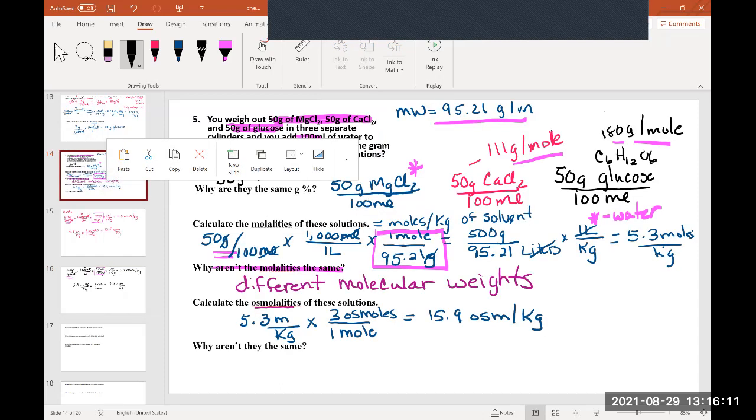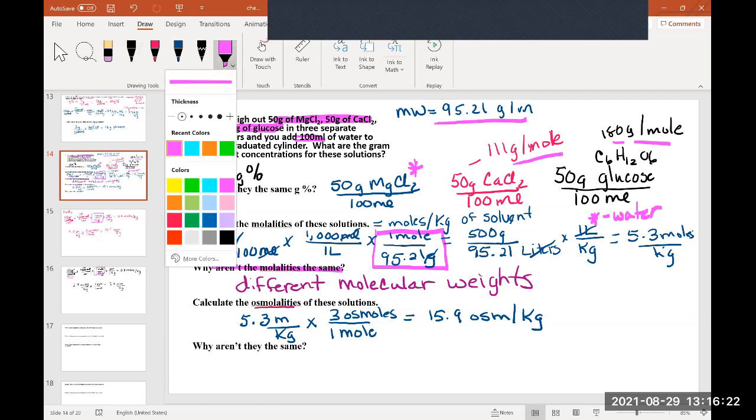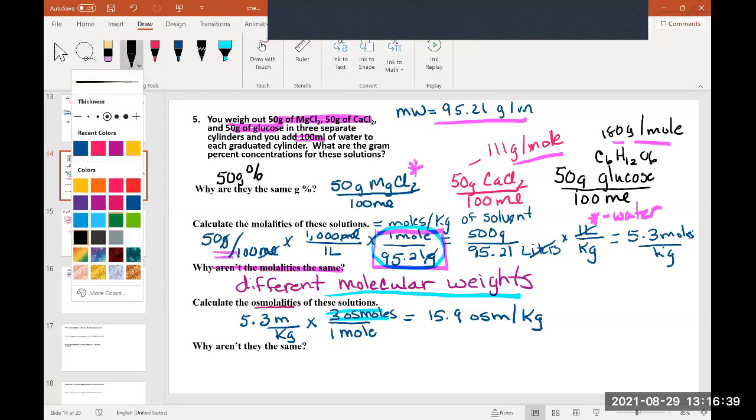Our next question says, why aren't these osmolalities the same? Well, for 2 reasons, and I want to highlight the 2 reasons. Originally, we had different molecular weights, so that still applies. But now we also have different dissociation factors. So why aren't the osmolalities the same?